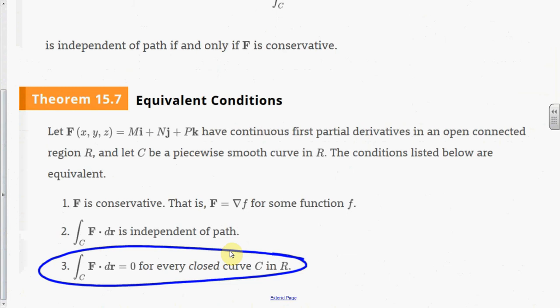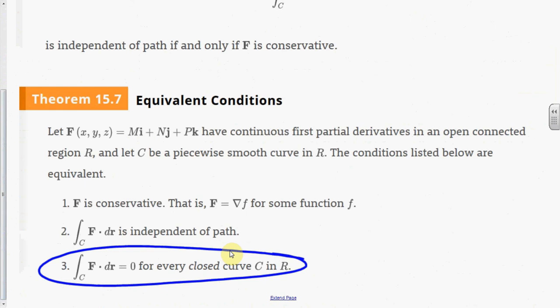Secondly, if the vector field is conservative, then the line integral is said to be independent of path. And number 3, which is important: if the curve is closed, a continuous loop, automatically the line integral is 0.